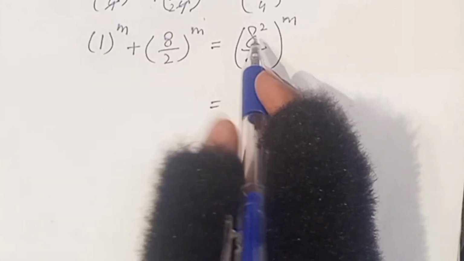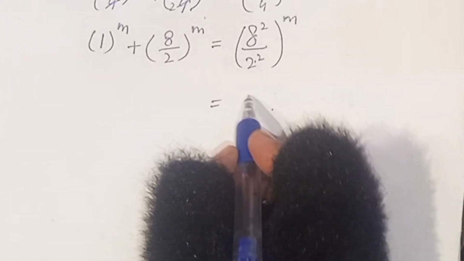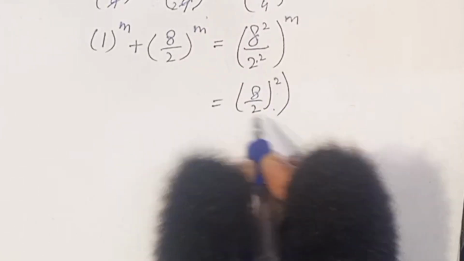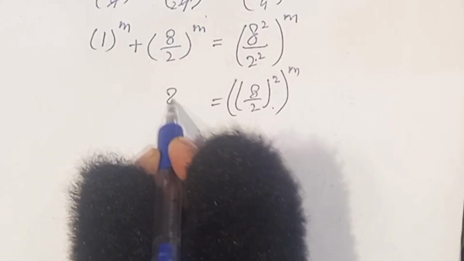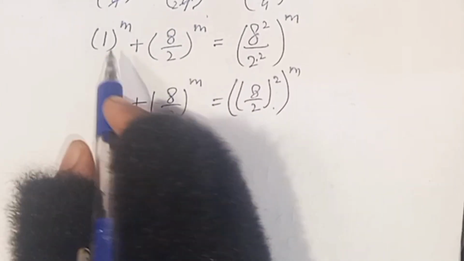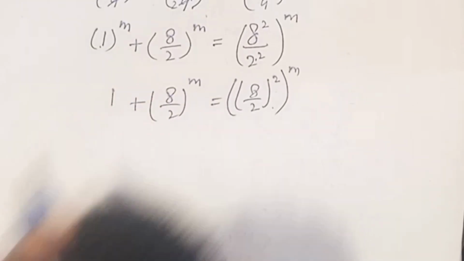Now in the next step we write this as (8 over 2 raised to the power 2), its power again is m, and we copy the left hand side. This is (8 over 2)^m plus 1^m, it's equal to just 1.